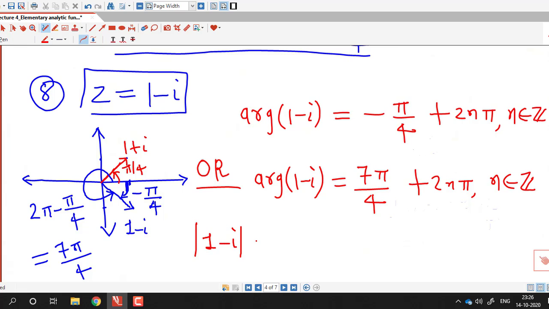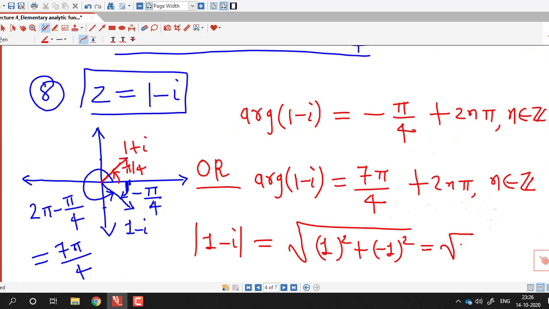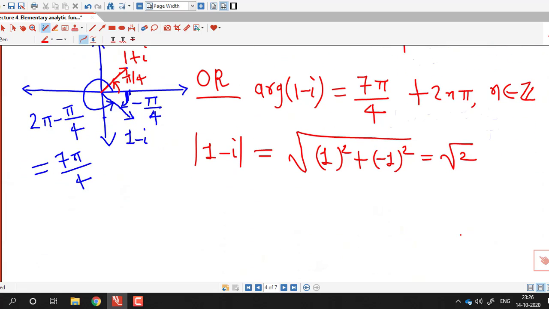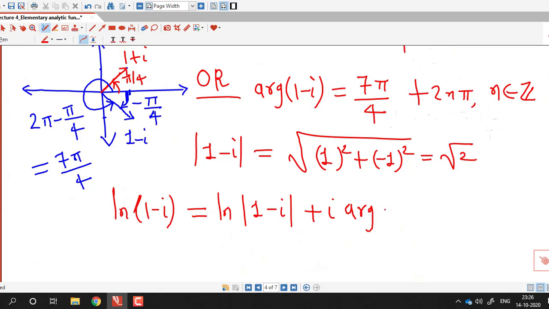The absolute value of 1 minus i is the square root of the real part squared, which is 1 squared, plus the imaginary part, which is minus 1, squared. If you simplify, you will obtain square root of 2. Now by definition, log of 1 minus i is nothing but log of the absolute value of 1 minus i plus i into the argument of 1 minus i.